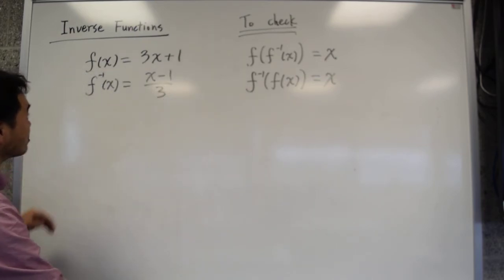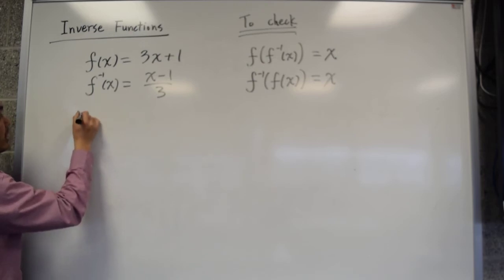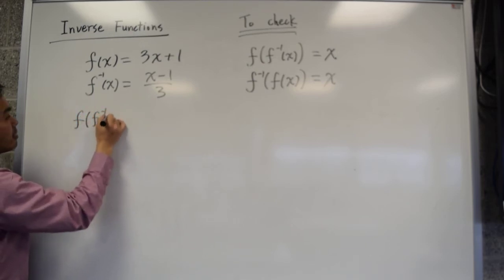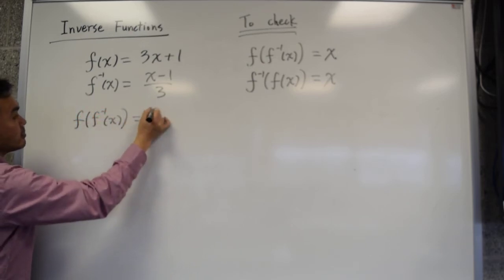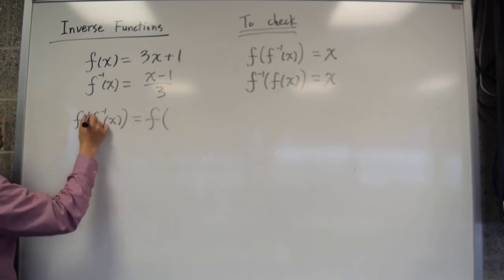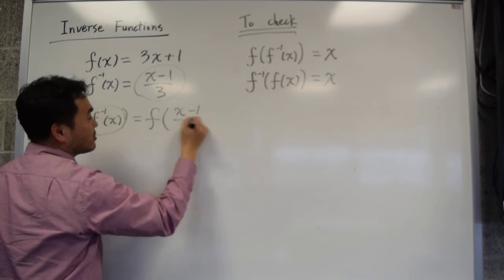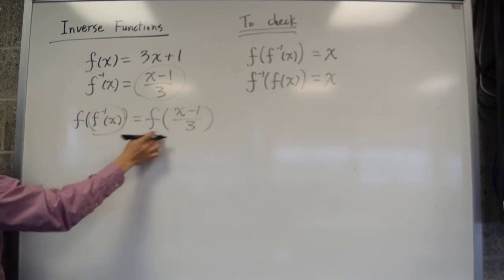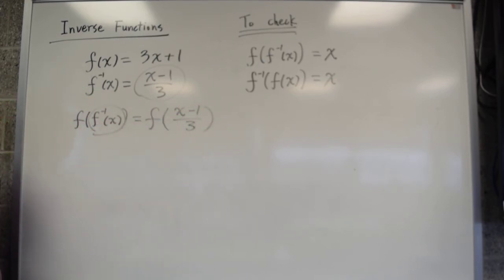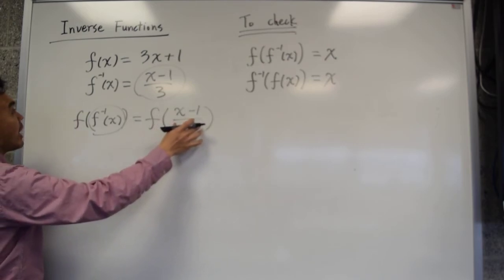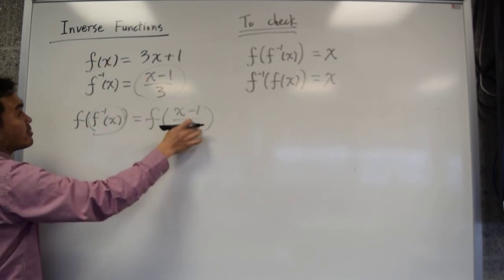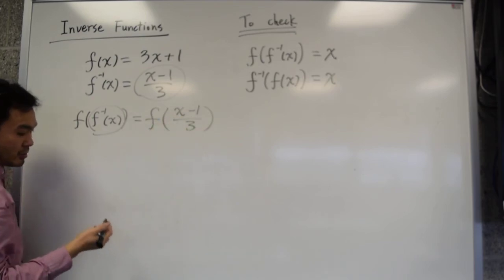So let's do the check. What would be f of f inverse of x? Well, first, f inverse of x is x minus 1 over 3, so you can replace f inverse of x by this. Then I have to plug this complicated thing into x. How do you do that?